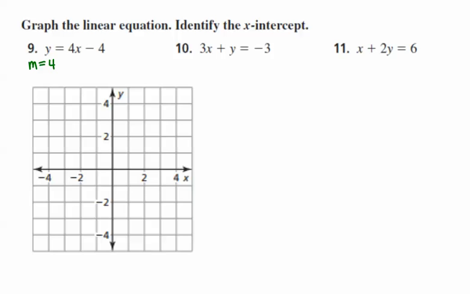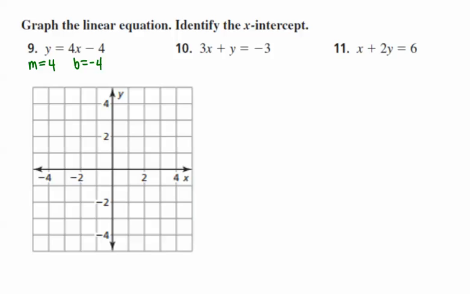Here the slope is 4, the number that's multiplied times x, and the y-intercept is -4, the point where the graph crosses the y-axis. So how do we go about graphing these equations?